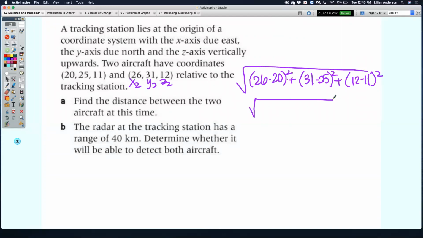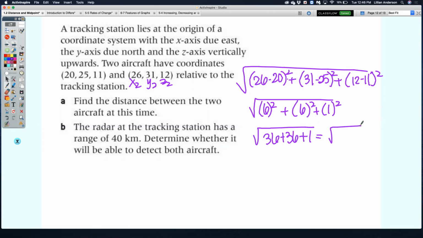We know that 26 minus 20 is 6. 31 minus 25 is 6 again. And 12 minus 11 is 1. So when we square each of those, we'll have 36 plus 36 plus 1, and that equals the square root of 73. So our distance is going to be the square root of 73 units, or to three significant figures, 8.54 units.